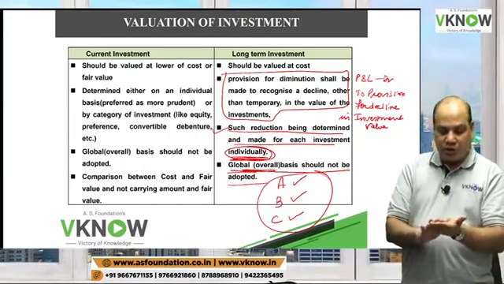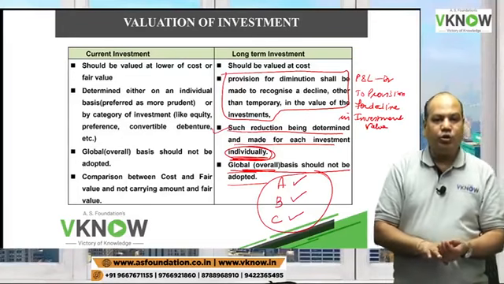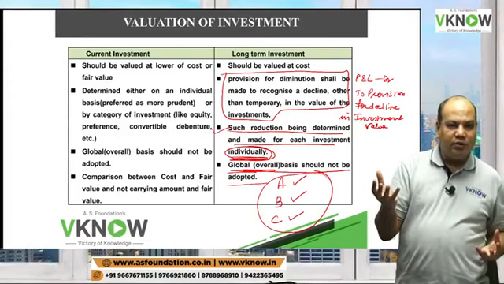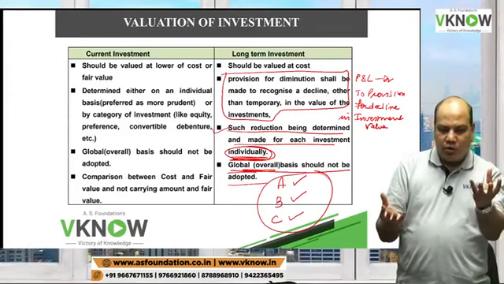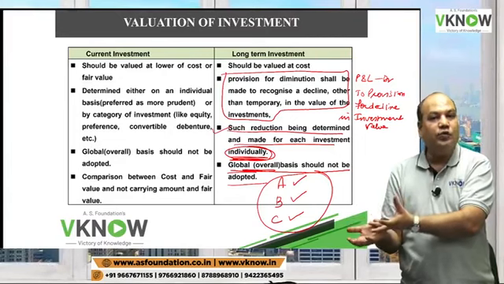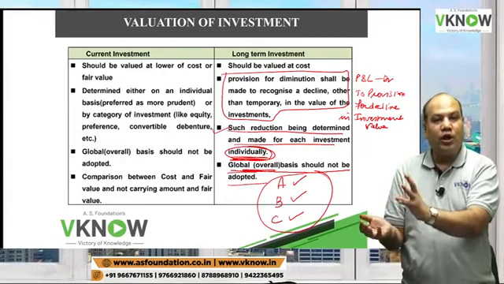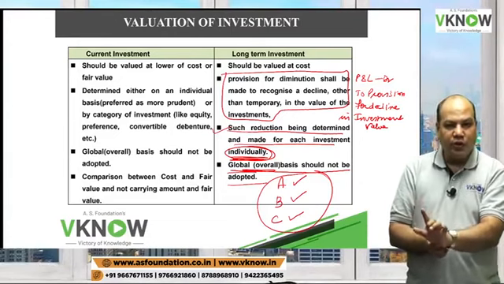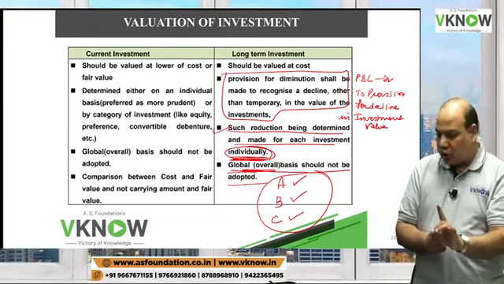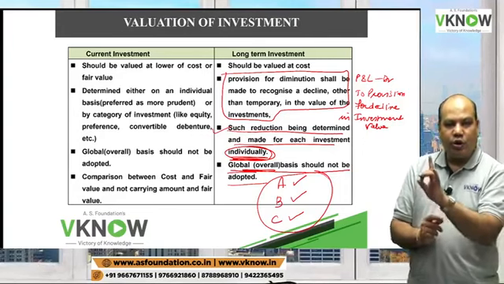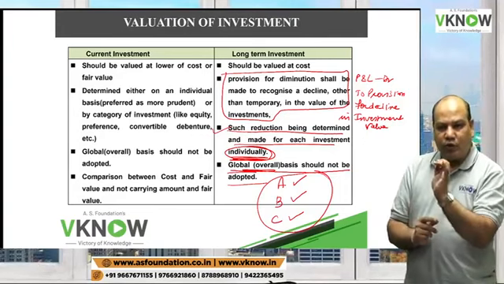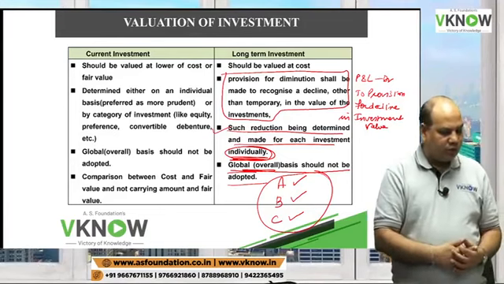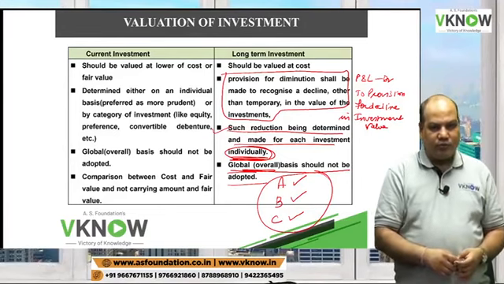The reason for not taking total basis is that if you take the total of A, B, C, A's gain will nullify the loss of C. You will not get the lowest value. So always apply the concept of prudence or the provision requirement to individual investments and not on a total basis.